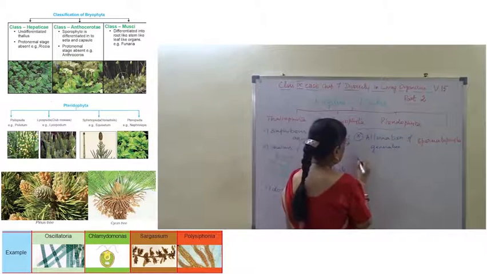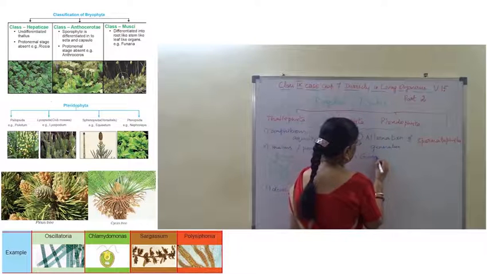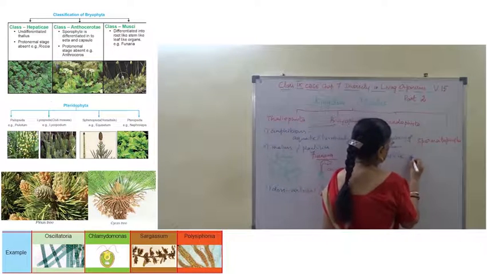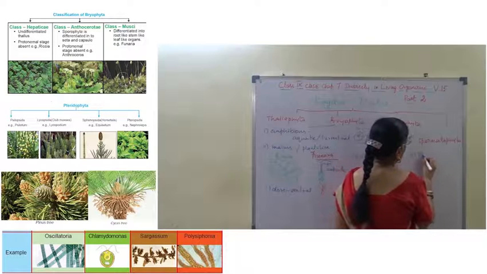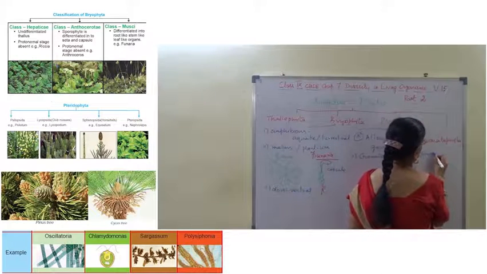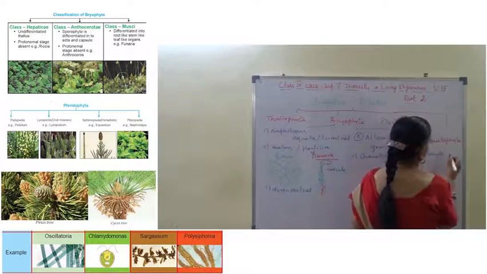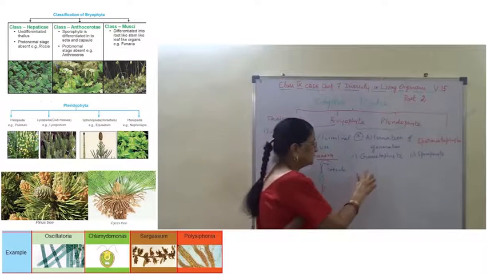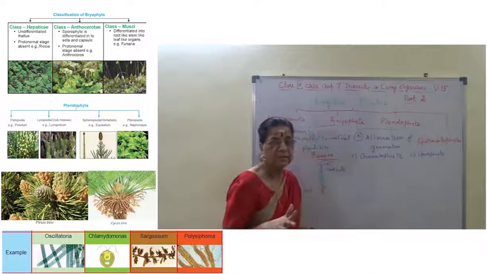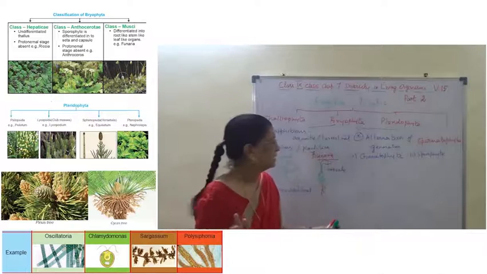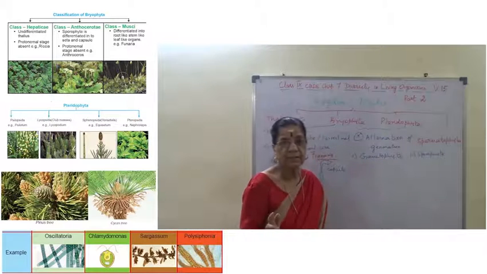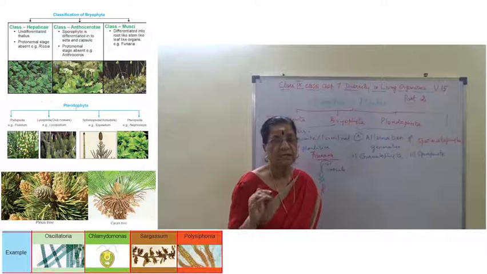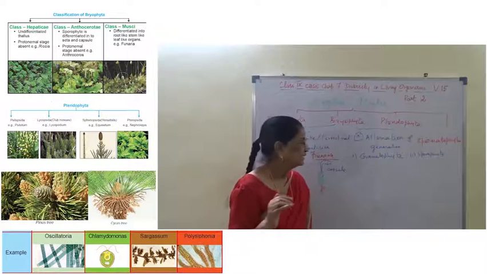One is gametophyte and the other one is sporophyte. What does it mean? As the name suggests, phyta always means plants.